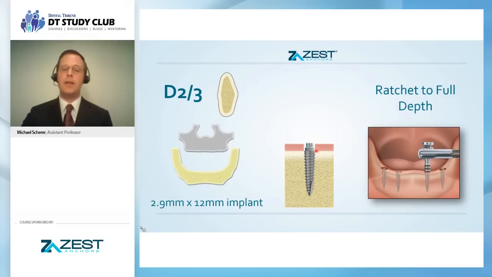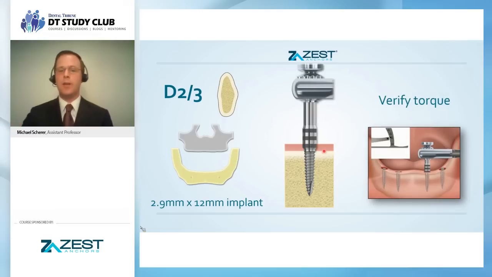As you see here, I'm just simulating that this tissue is 2.5 millimeters tall, because the height of either the 2.4 or the 2.9 implant is 2.5 millimeters from the platform to the top of this thread, which in my opinion is pretty cool. Because if you're placing a 2.4 millimeter implant or a 2.9 millimeter implant and you are expecting 2.5 millimeters of tissue, you're going to ratchet down until you get just flush with the gingiva. And that allows for the working end to come out for the locator.